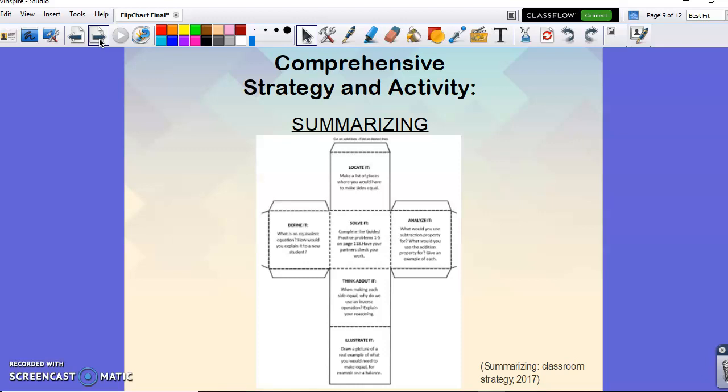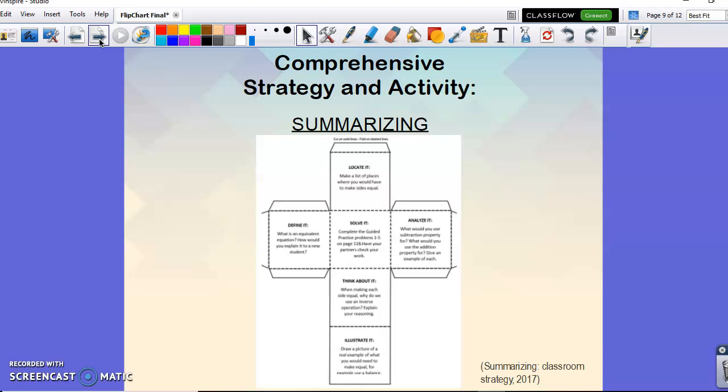And during this, using the cube, I would put the class into small groups to hear others' opinions. And this cubing activity is great for reviewing your knowledge because you can pull it out at any time. It's pretty easy for the students just to roll and answer the questions, so it's a great summary at the end of class, what we learned, and getting all the answers in one space.